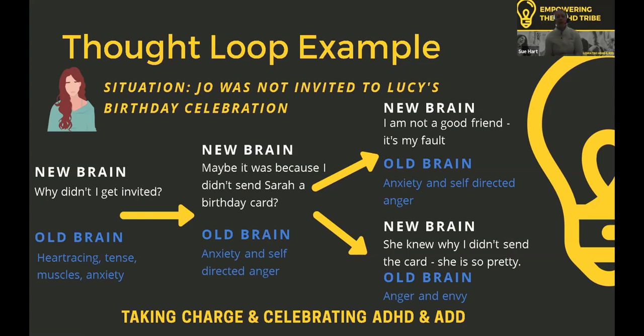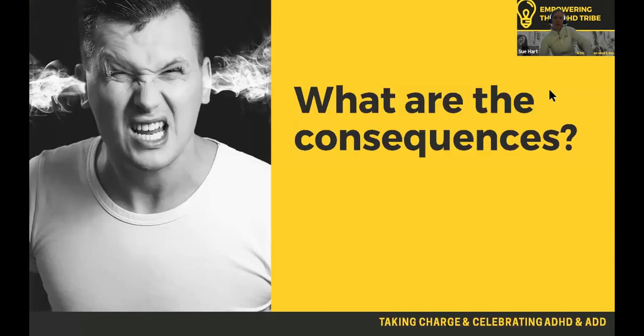Then it might go into, I'm not a good friend, it's my fault. Or she knew why I didn't send a card because I've got loads of things going on in my life, and she's so pretty. She doesn't need a card from me. So you can see both are going into thought loops. The new brain is into this thought loop of trying to seek a reason why, and the old brain is connected to the body, and you can see that it's having an effect on the body.